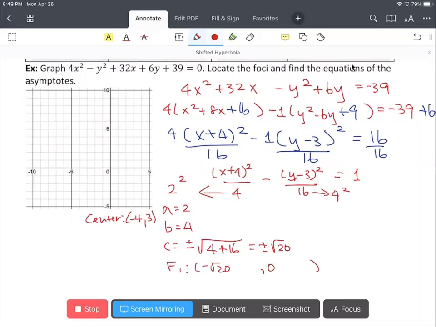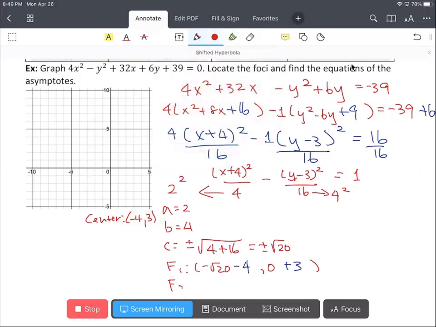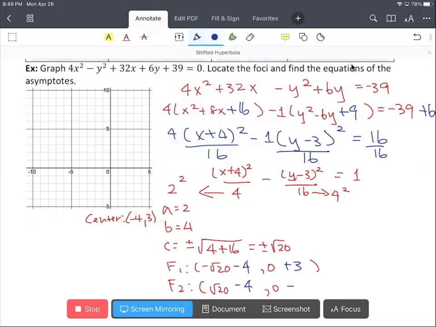So now we're going to add our center to the x and y. So here it will be minus 4, plus 3. For F2, the second focus, we're going to do the same thing and just add those x and y values.